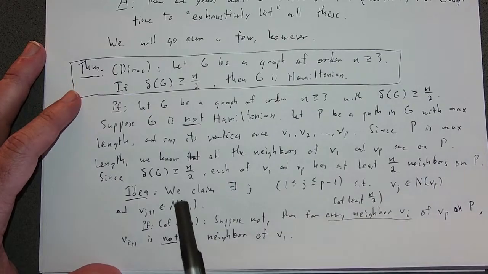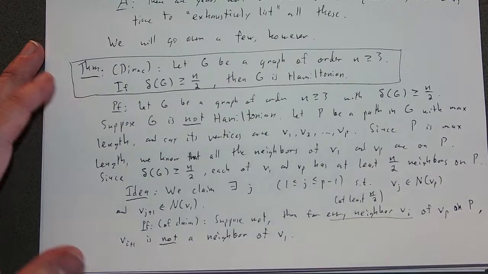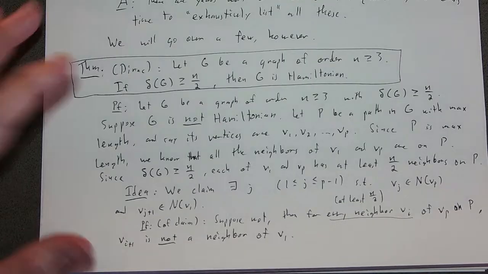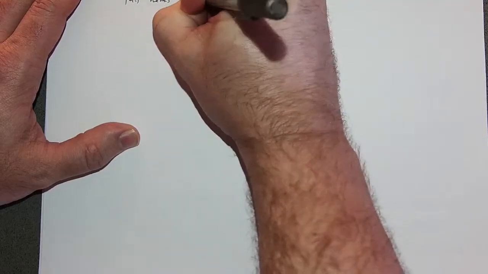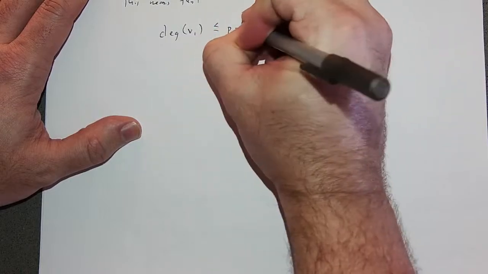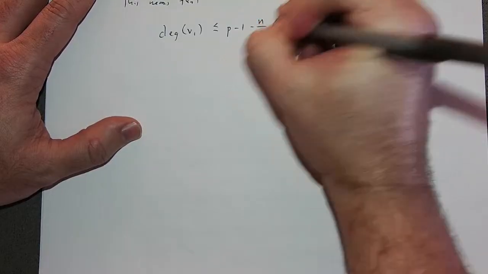So if this is not going to be true, I can always assume that this next vertex, v sub i plus 1, is not a neighbor of v1. Okay. But what does that mean if it's not a neighbor of v1? This means that the degree of v1 is less than or equal to p minus 1 minus n over 2.